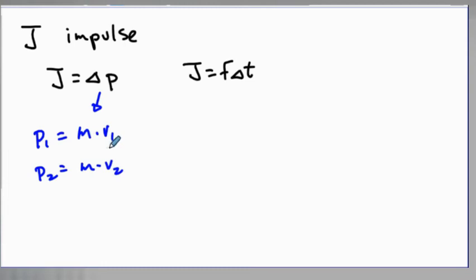And one of these was in a negative direction. So I'm going to use this as being a negative direction here. So the change in momentum was the mv2 subtract the mv1. But just keep in mind that one of them is negative, and I'm going to suggest it was the first one that was negative.